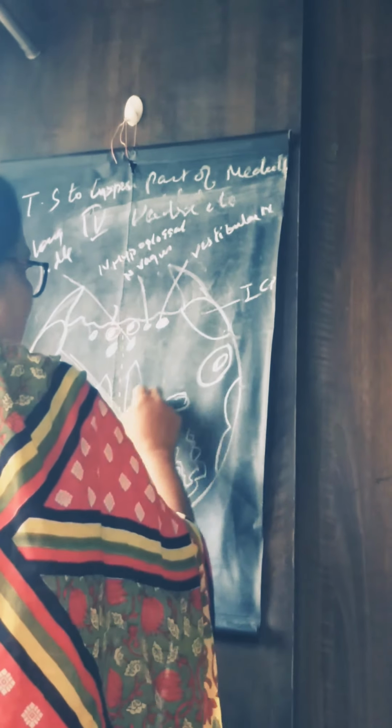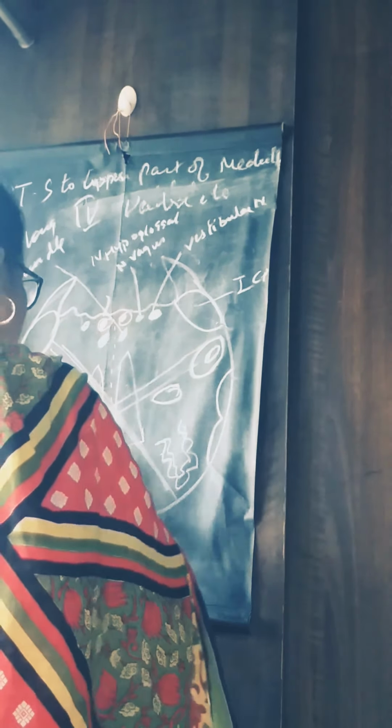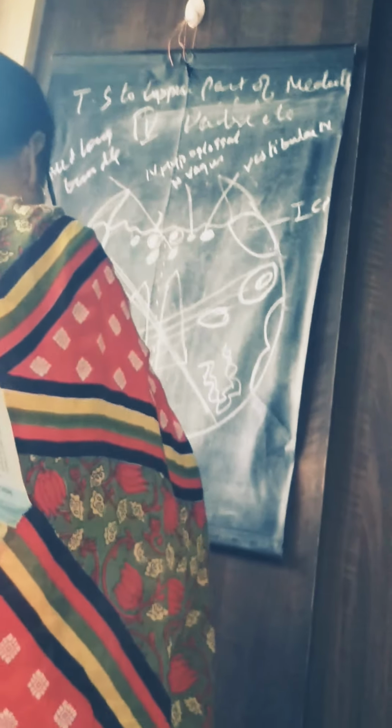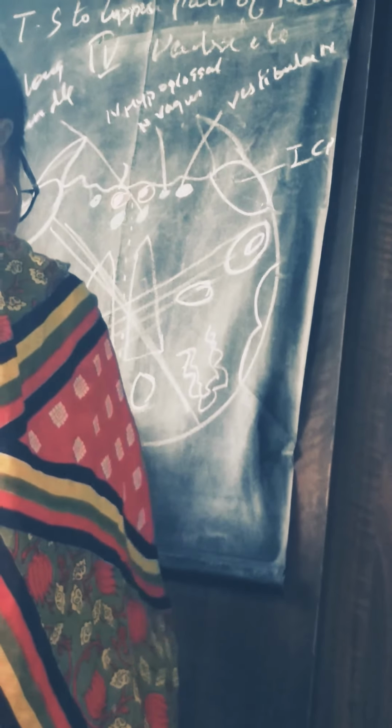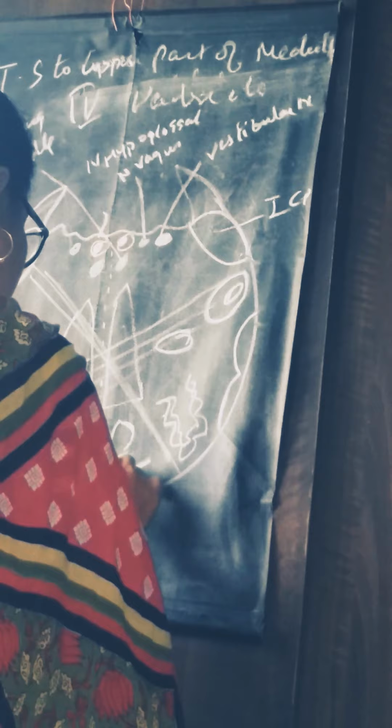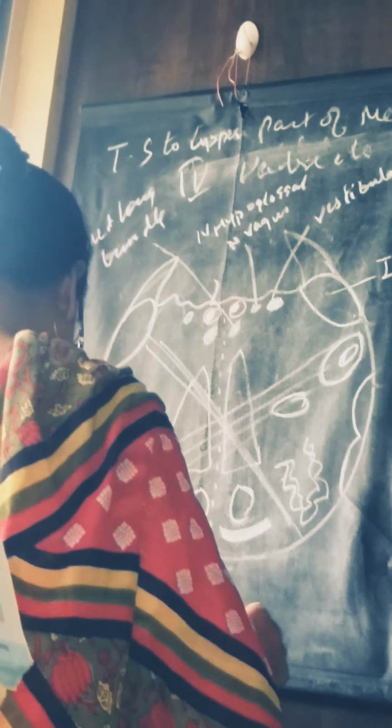So this is the crossing of the pyramidal tract. And here down you have the pyramid. Below the pyramid you have the arcuate nucleus. It is like an arc, so that's why it is called the arcuate nucleus.